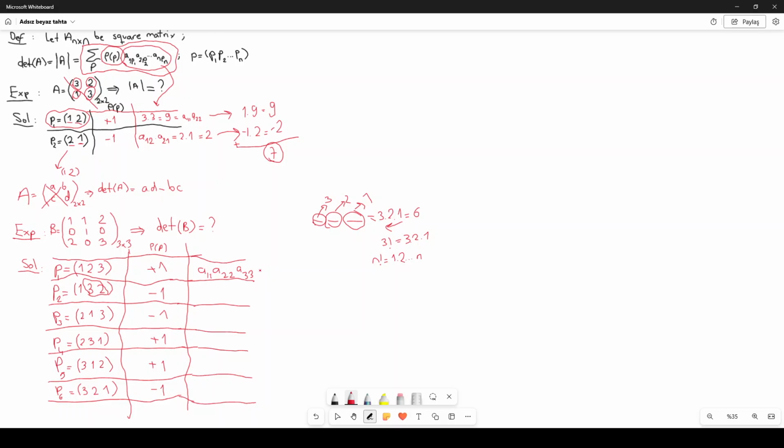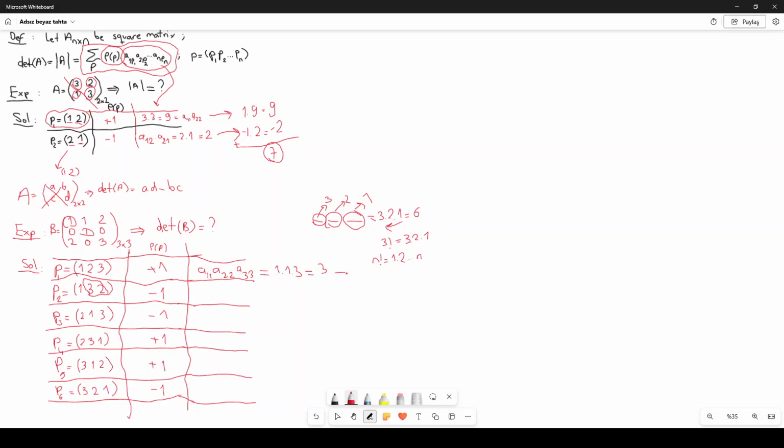So in the first column, what we have is the multiplication of the principal diagonal entries. So a11 times a22 times a33, and what is the value? This is 1, this is 1, and this is 3. So 1 times 1 times 3 is equal to 3.